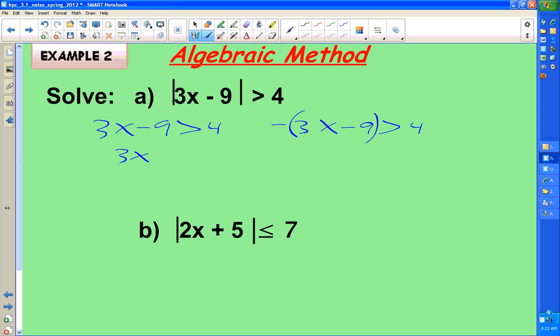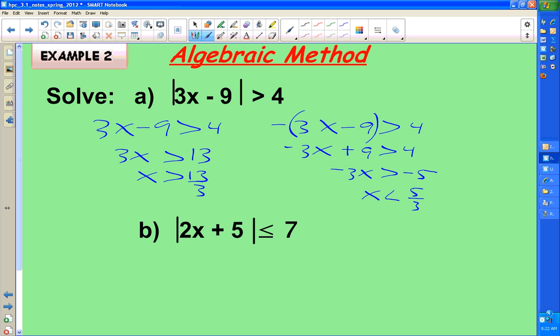So here we solve, we get 3x is greater than 13, and x is greater than 13/3. Here, negative 3x plus 9 is greater than 4, negative 3x is greater than negative 5, and x will be less than 5 over 3.